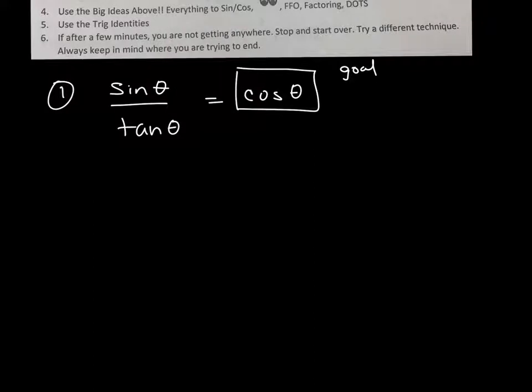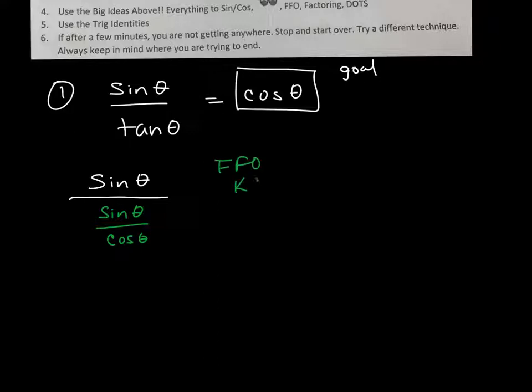So if I do that, I will rewrite this as the sine of theta divided by, instead of the tangent of theta, I know the tangent is the sine of theta over the cosine of theta. And this is our fraction face-off. We want to keep, change, and flip this fraction around.